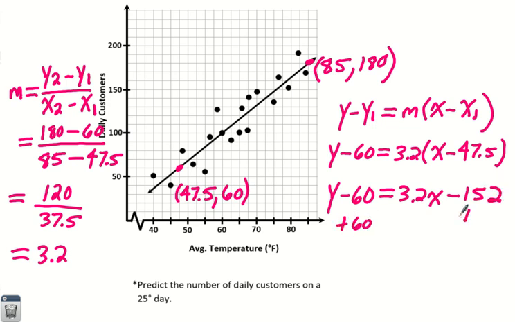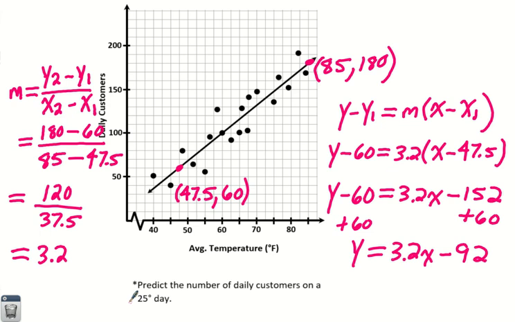And then when I add 60 to both sides to get y alone, I get negative 92. So there's my final equation.